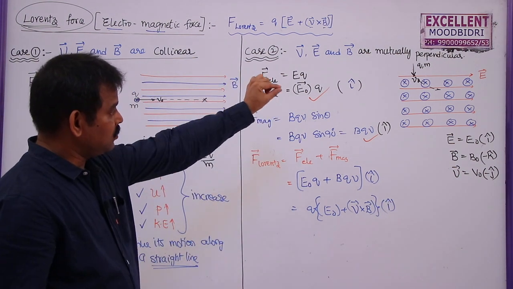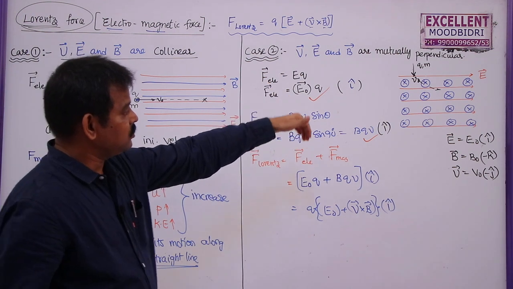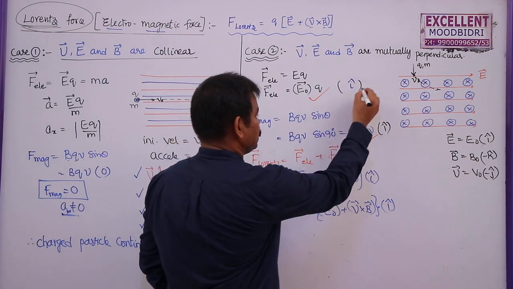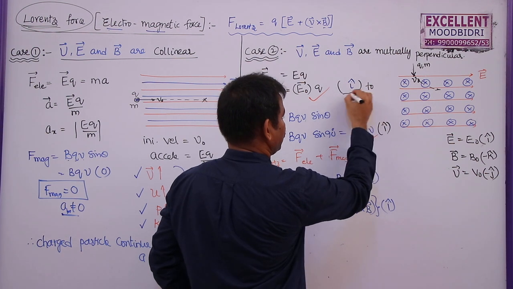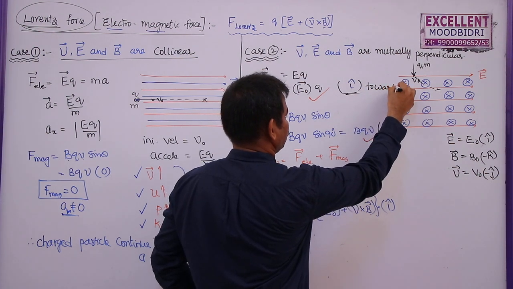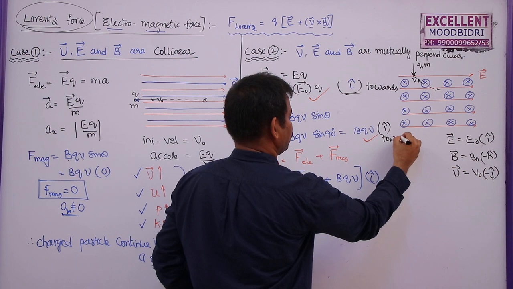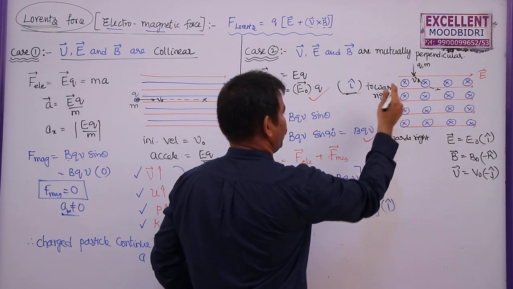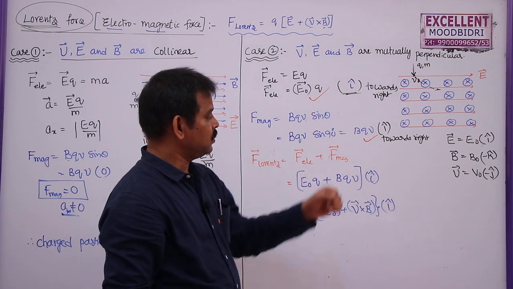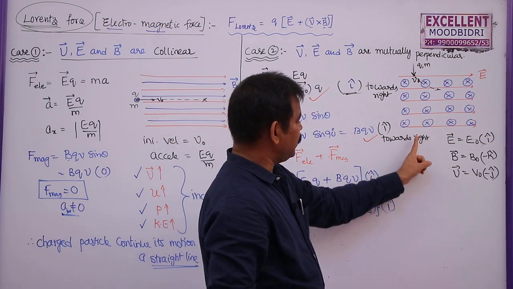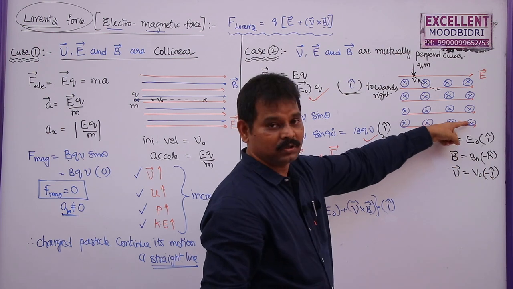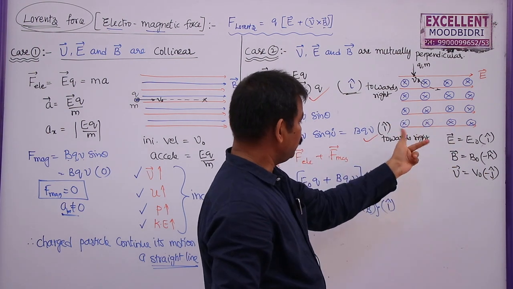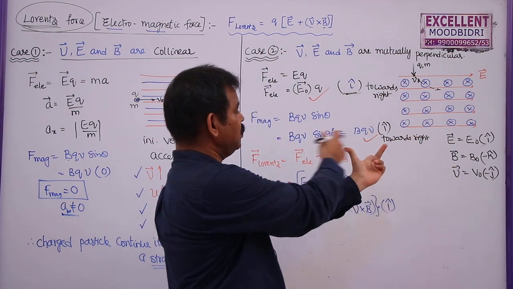Now if the charge direction is changed, instead of top here, this is acting towards right, along x axis means towards right. This is also towards right in the diagram. Both electric and magnetic force are acting in the same direction in this case. Suppose if charged particle enters like this, then it will experience a force, electric force towards right, and due to this it will experience a force towards left.